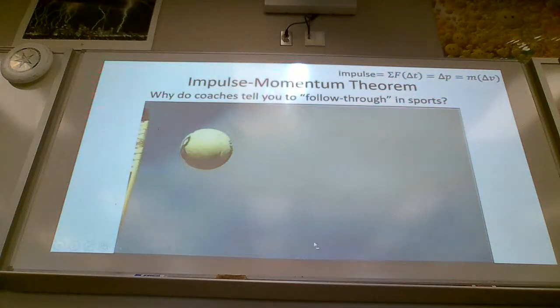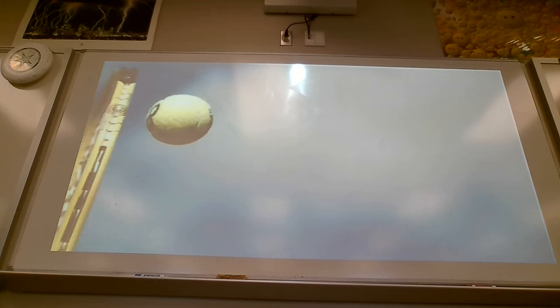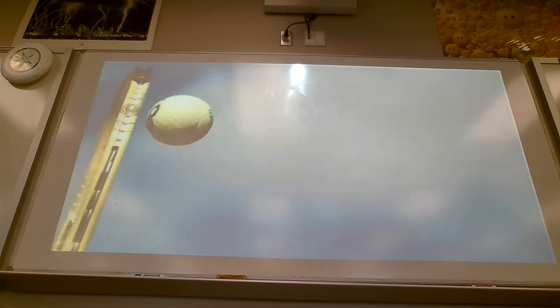Well, when you look at slow motion stuff, it's a whole other world, a whole other reality. So this is slow motion of a tennis ball being hit. If you look at this, right there is when we first are in contact.